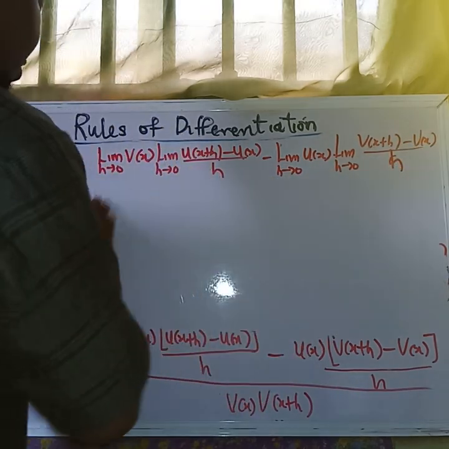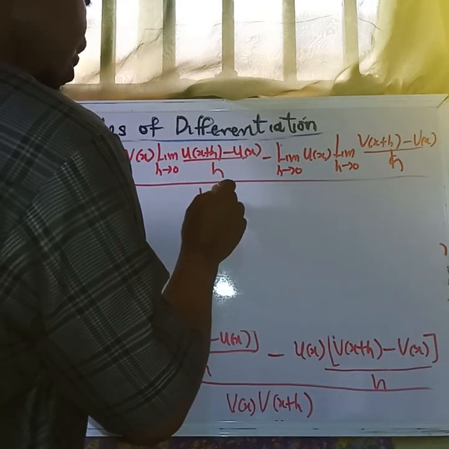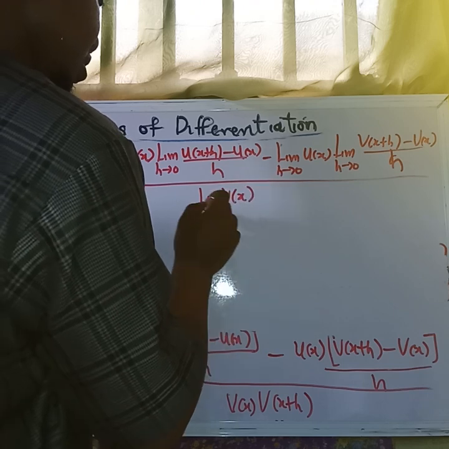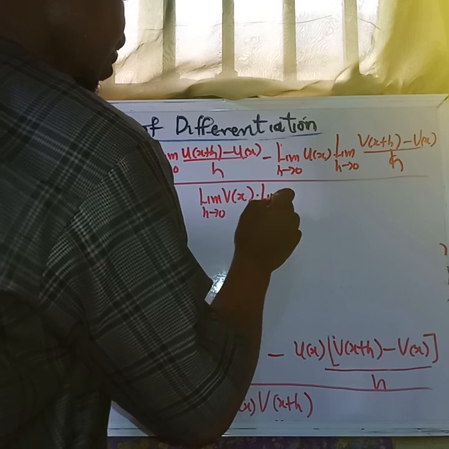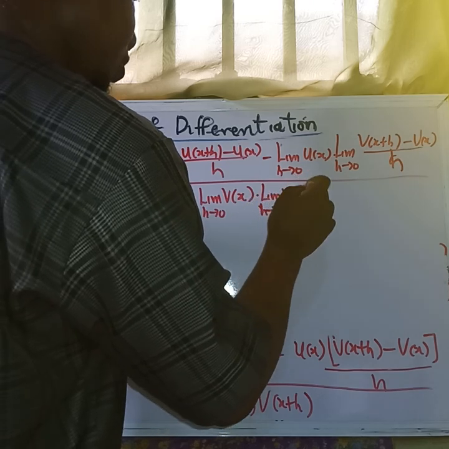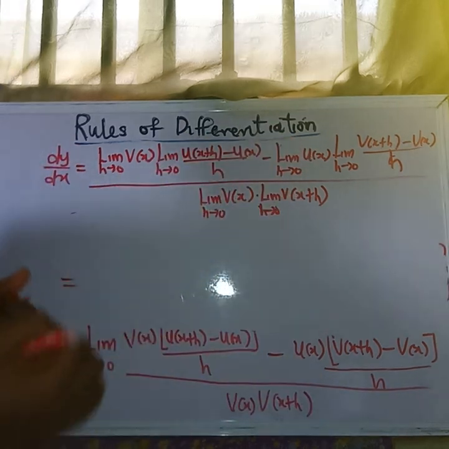Everything over the limit of v of x as h tends to 0 multiplied by the limit as h tends to 0 of v of x plus h. So when the limit affects all these terms, this is what it gives us.